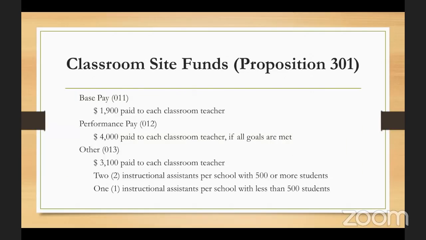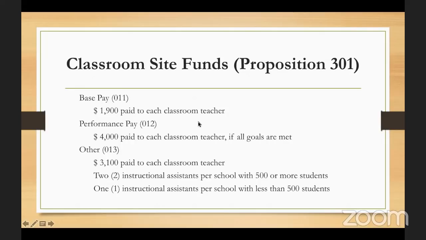So the base pay, Fund 11, for the 2021 year, teachers will be paid $1,900. Again, this is the classroom teachers that are paid from these funds, and that is split out with their paycheck every pay period. Performance pay is Fund 12, $4,000. There are 3 goals that they have to meet, and if they meet all of those goals, they are paid out. Normally, we get that processed at the end of June or middle of June for them.